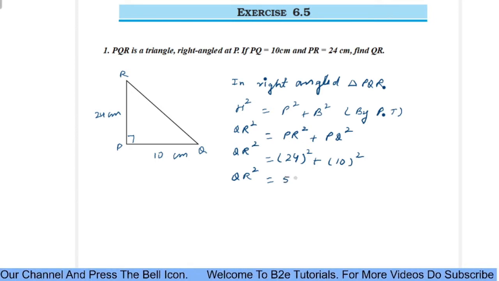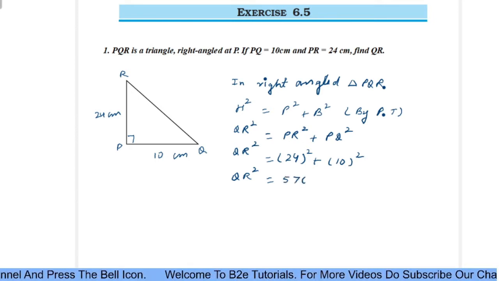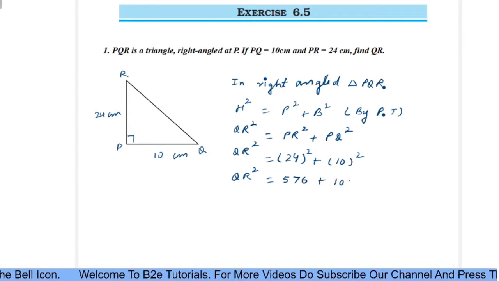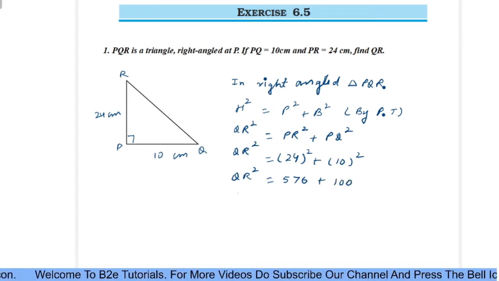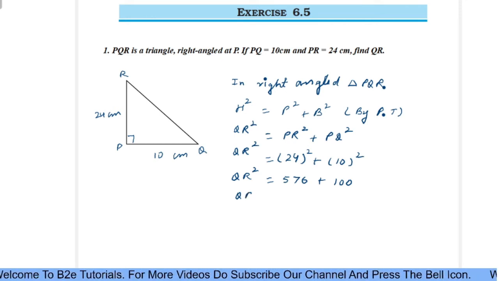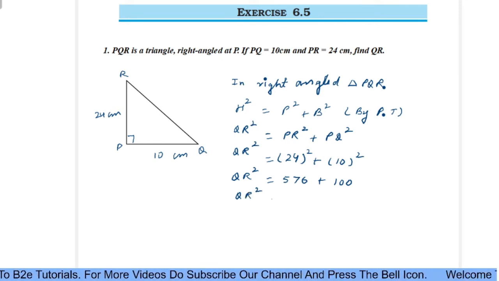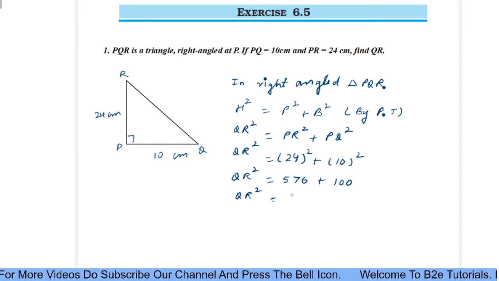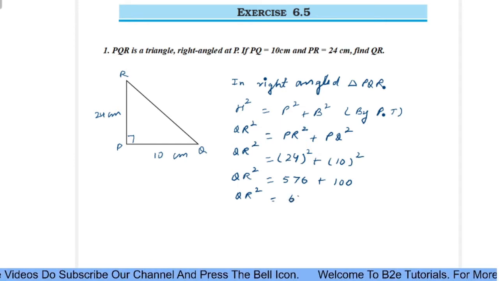It is 576 plus square of 10. It is 100, or QR square equal to, add 576 plus 100, it is 676.